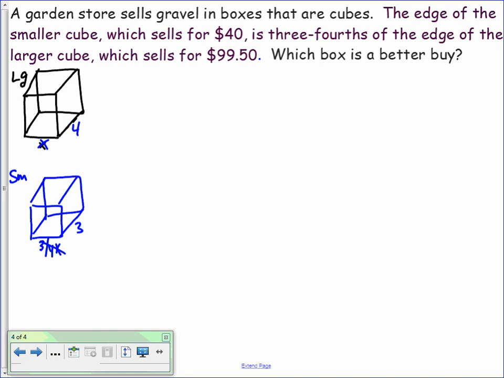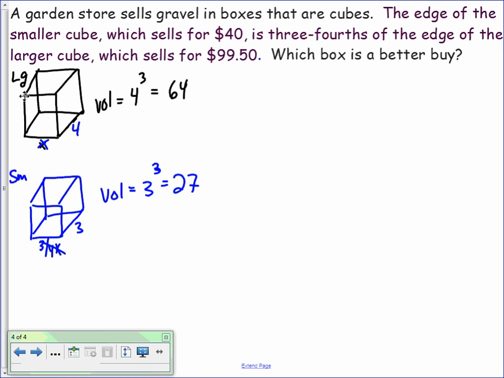So the volume of our larger one is going to be 4 cubed, which is 64. The volume of the smaller one is going to equal 3 cubed, which is 27. And then we're just kind of saying these are units.